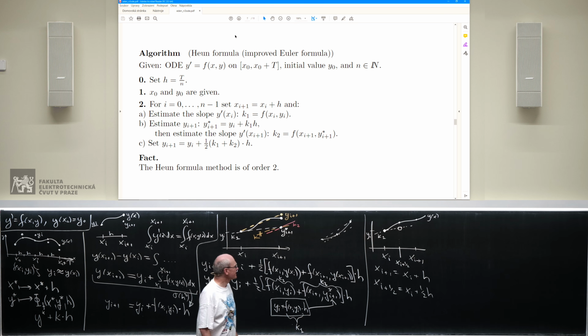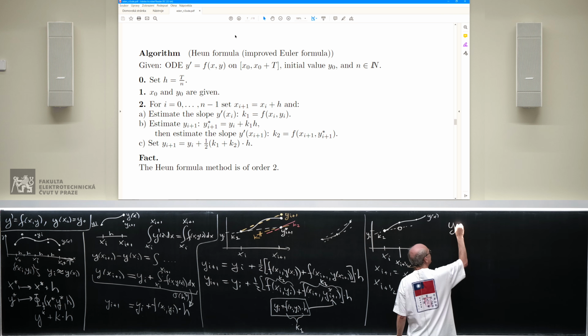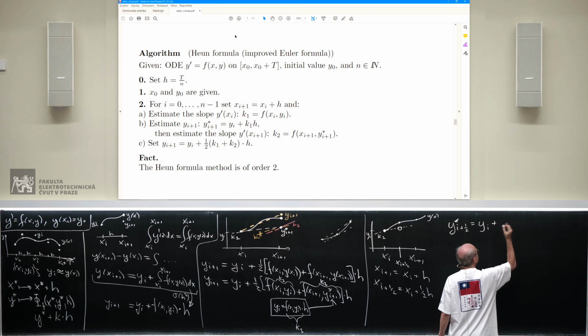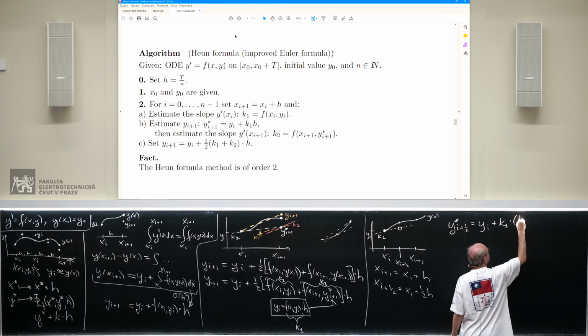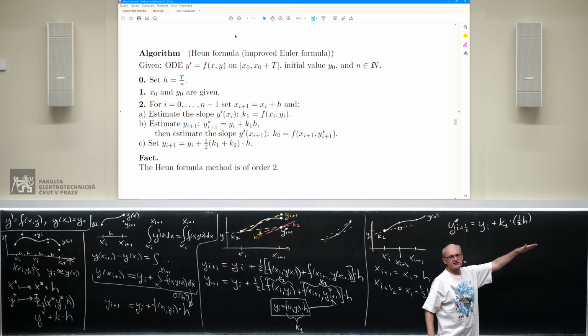That's the idea. So what I'm going to use is a temporary point yi plus 1/2 with star, which is yi plus, and now I have to be careful, this is the slope, and this is half a step. Okay? We always have to put displacement here in the formula, horizontal displacement.